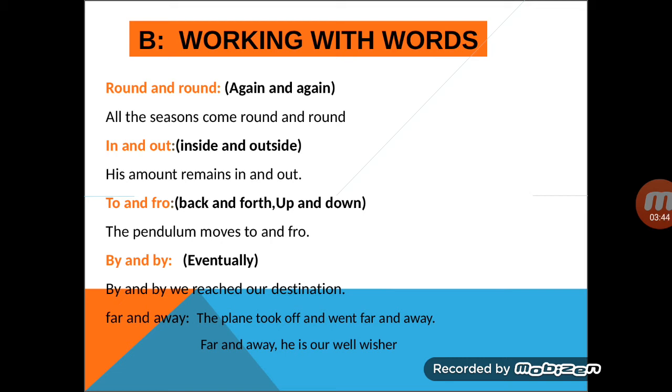The pendulum moves towards some place, and then comes back from that place. This van is used for the children to go to school and fro. In that way you can use these words.